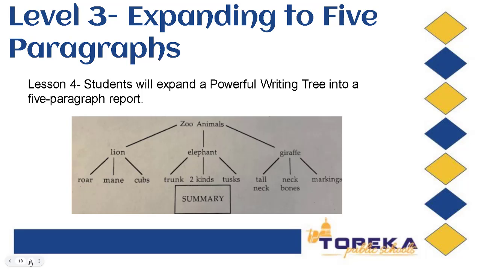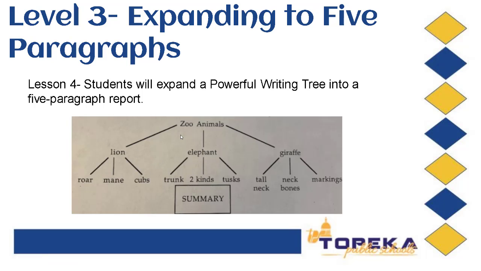So let's look at level 3. In level 3, we are expanding our paragraph into 5 paragraphs. And in this set of lessons, students are going to expand a powerful writing tree into a 5-paragraph report or a 5-paragraph paper. Now, perhaps you're thinking, oh my gosh, I don't know that my students are ready for that. You could even do a 3-paragraph report.